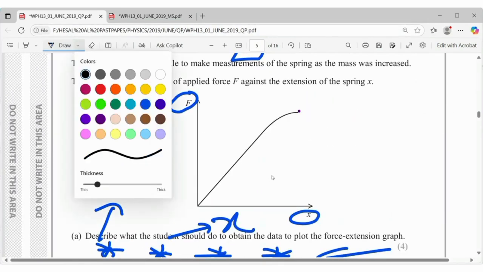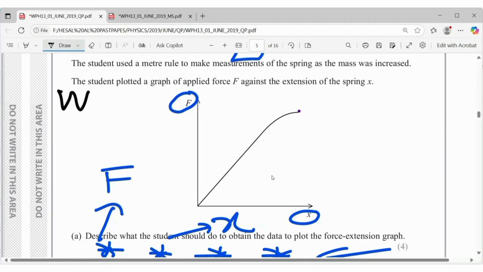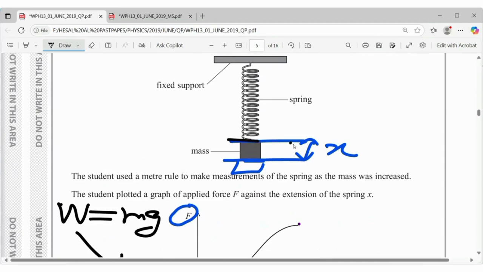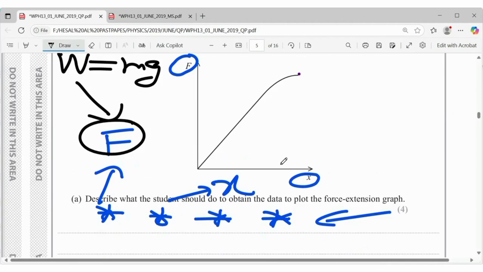Once you know the mass, the force acting is the weight, W equals mg. Accordingly, you can find your force. The original length compared with the increased length, that difference gives your extension. Now you already get 2 marks.